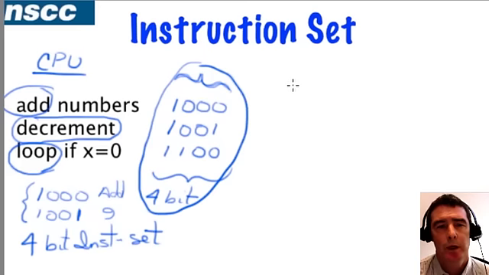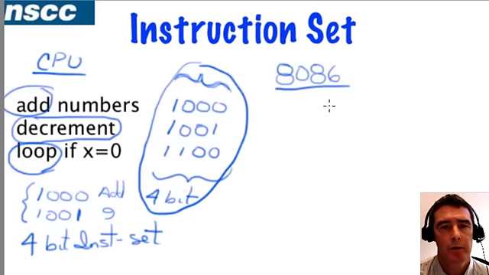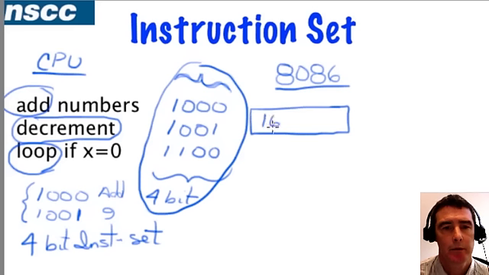Now, if we go back to our original CPUs and we look at an 8086, an 8086 internally had 16-bit registers, and most of the instructions were some code of 16 bits.